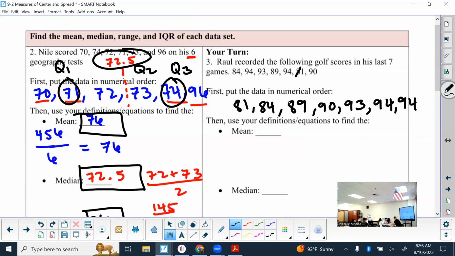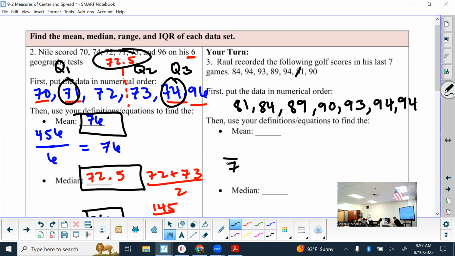All right, so then when I find the mean, what was my sum of my values, Justin? Okay. While she recalculates the sum, Faith, can you tell me what we'll be dividing by? 7.